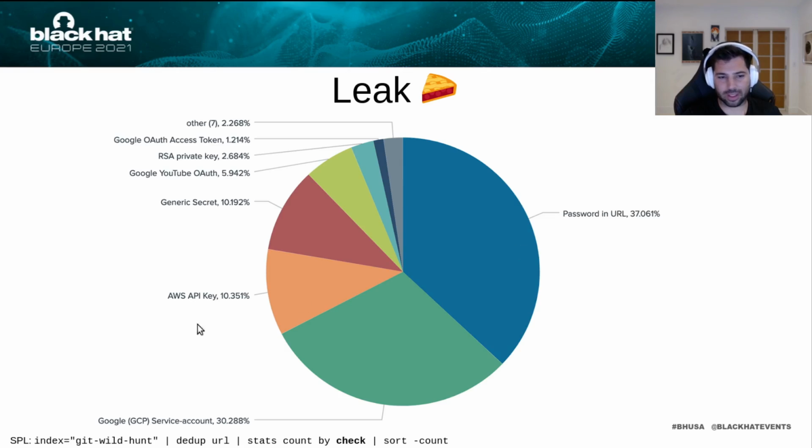But the odd thing was second to that, actual GCP service accounts being leaked. So passwords and URLs were the most leaked credential, second to GCP service accounts, and third to AWS API keys. But there's something really interesting in a second I want to show you about this relationship here.